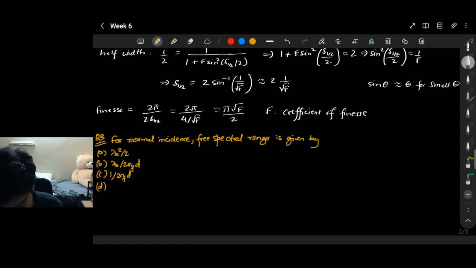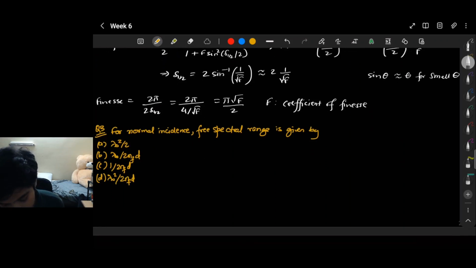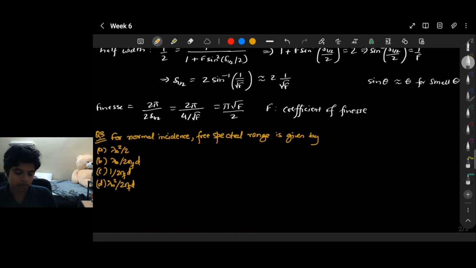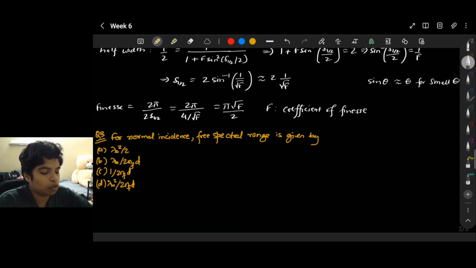NF is the refractive index of the medium used. So these are the four options. I will relaunch the poll for all of you. Please take about a minute or two to answer.